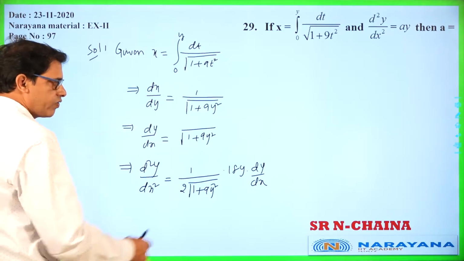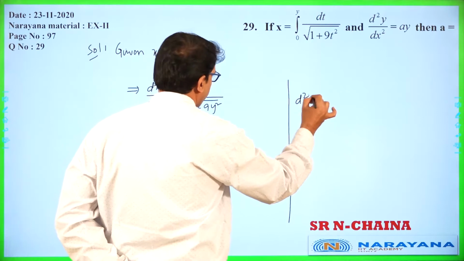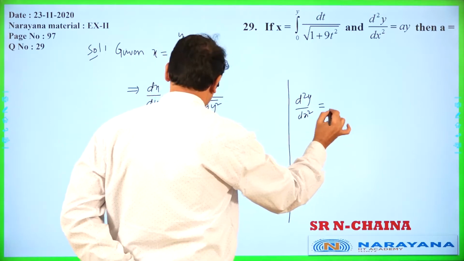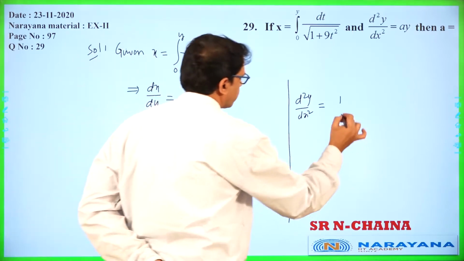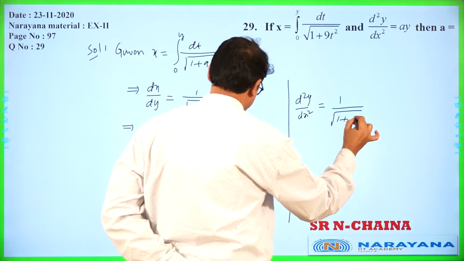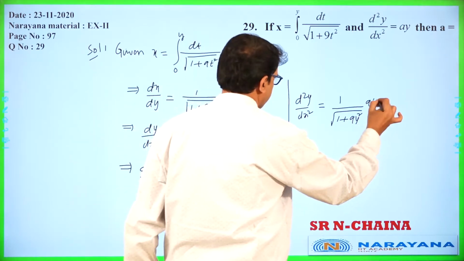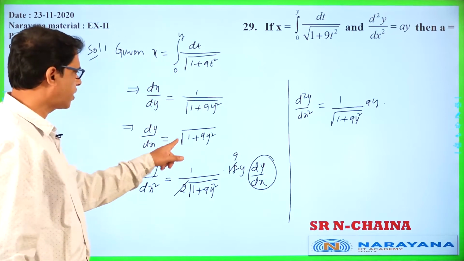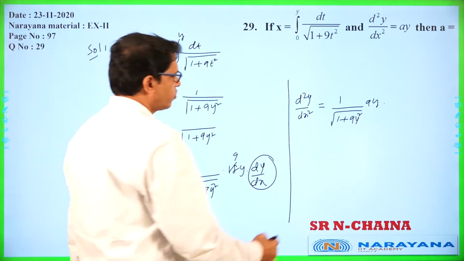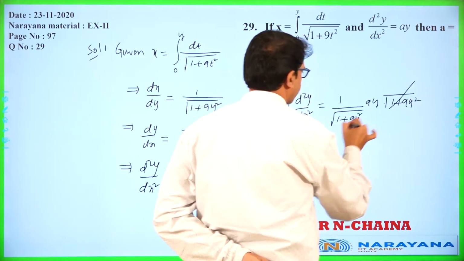Now write the value of dy by dx. Therefore d square y by dx square equals, here 2 ones are 2, 2 nines are 18, that implies 1 by root under 1 plus 9y square, in place of dy by dx I can write root under 1 plus 9y square. So these two cancel out.